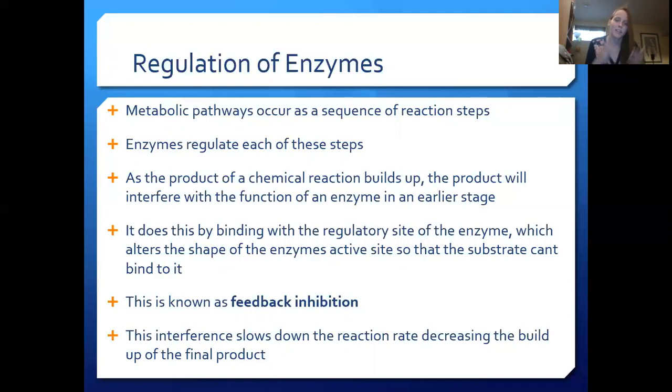So once again, it's essentially putting the enzyme out of commission for a while. This process is called feedback inhibition. Something from the end of the process is going back in a feedback loop to inhibit the chain of chemical reactions by inhibiting one of the enzymes from working. So this interference is going to slow down the reaction rate until that buildup of final product can dissipate, and then the product will pop out of that regulatory site, and this sequence of reactions will pick up again.